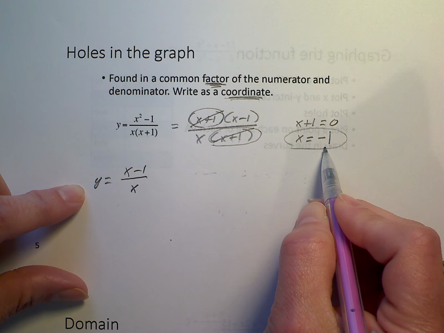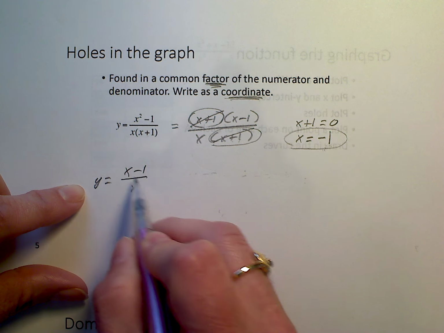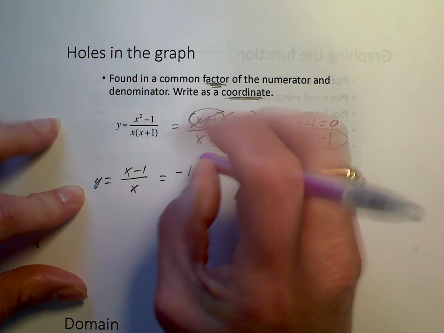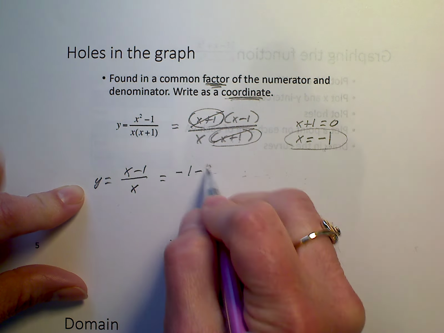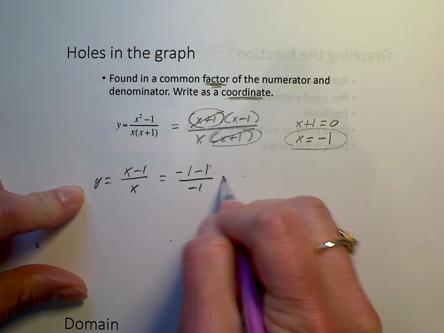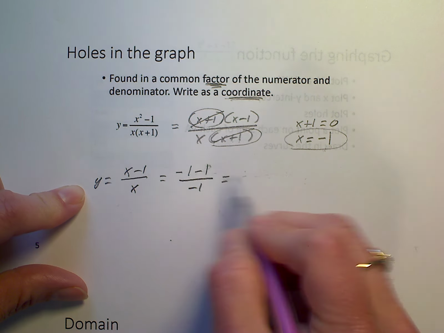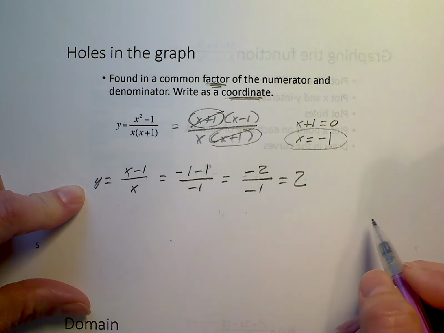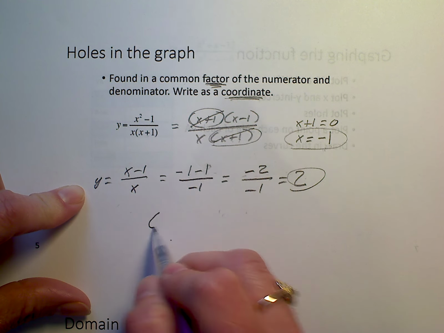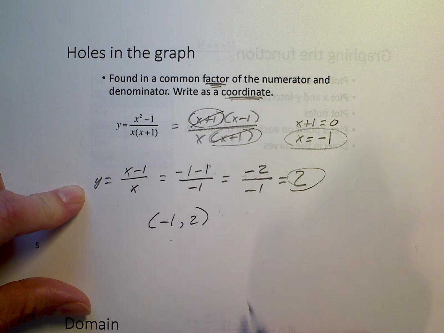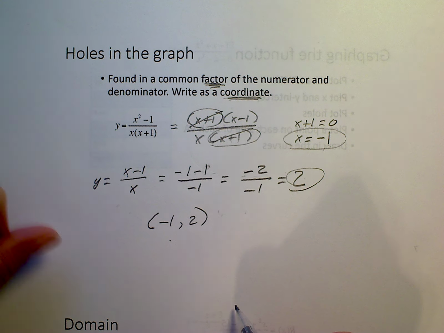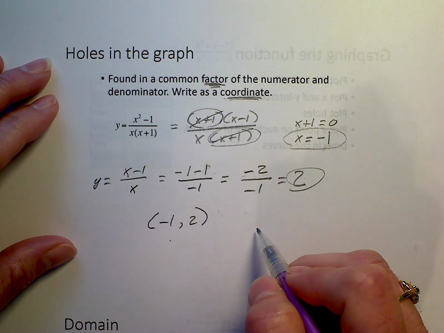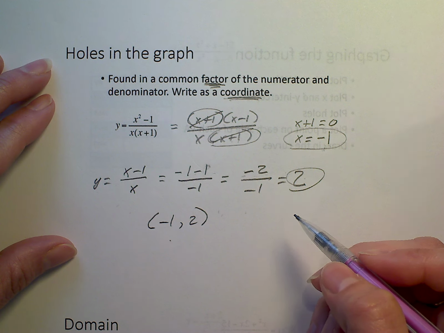I'm going to put an open circle there. So I'm going to put a -1 in for all the x's. Here we go. Try that again. -1 minus 1 over -1. Negative 1 minus 1 is negative 2. Over negative 1 is 2. Nice. The coordinate of the point is negative 1, 2. So we're going to go along on the graph and we're going to leave an open circle at negative 1, 2. That's a hole.